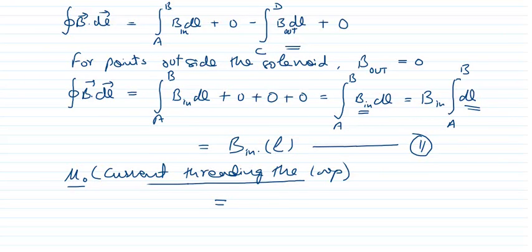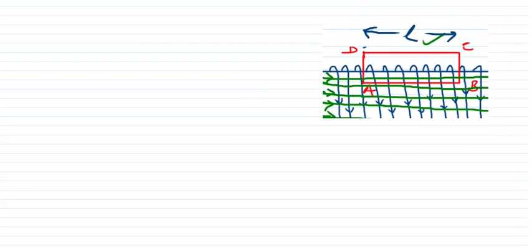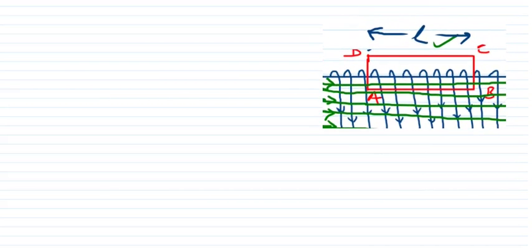For this one I will take out a small portion of this diagram. As you can see, I have enlarged it. Now you can see what the current threading the loop is. Here you can see that the current is coming out of the loop once, second time, third time, fourth time, fifth time, sixth time, seventh time.